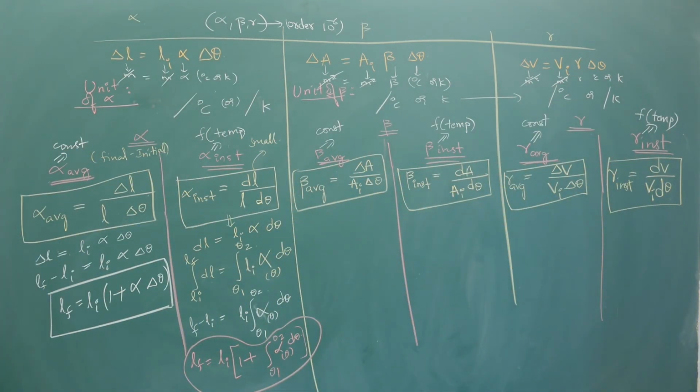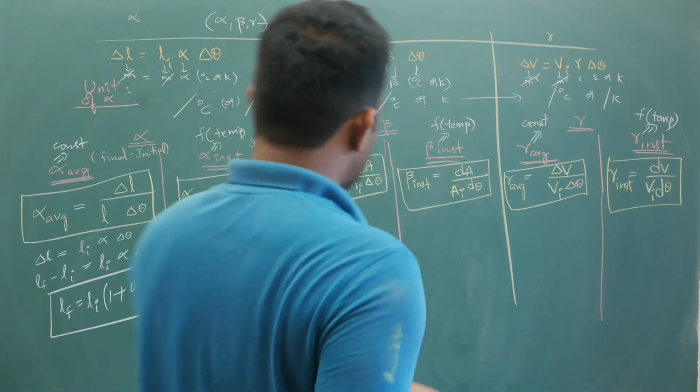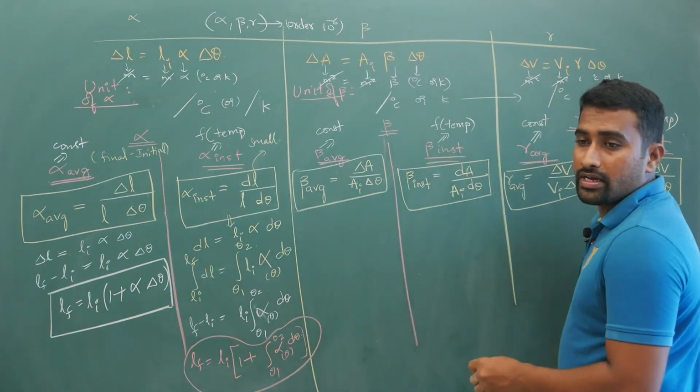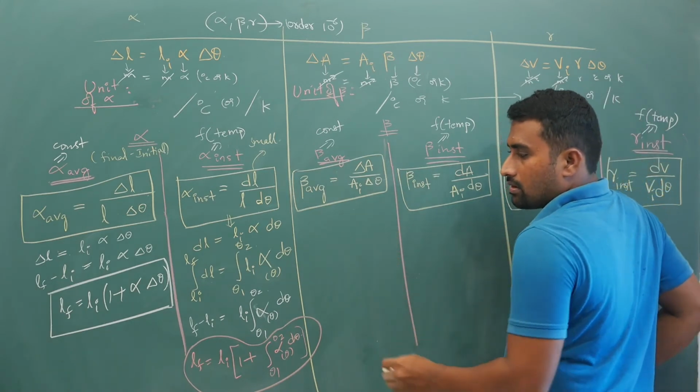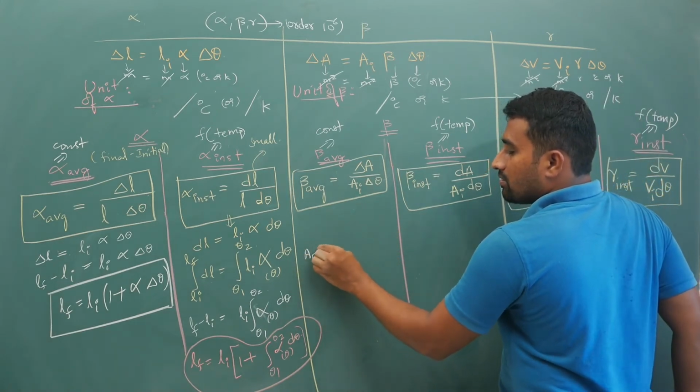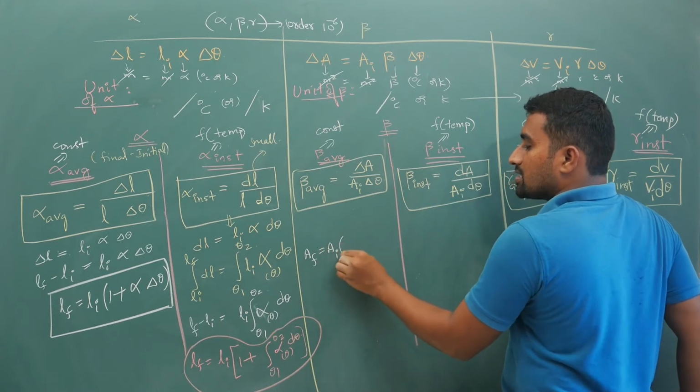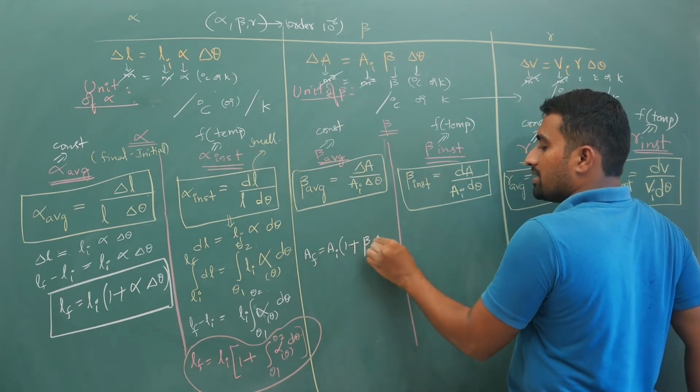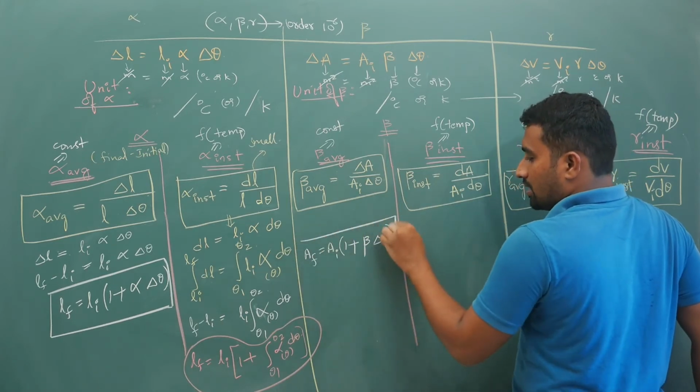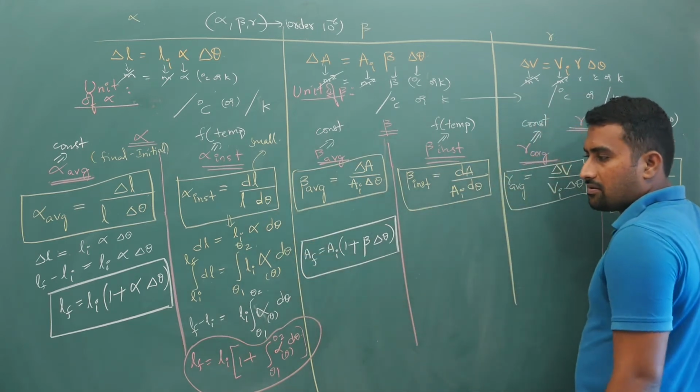Let me check whether it is visible in the camera or not. Yes, it is. Similarly, following the same logic for beta, your final area is initial area times (1 plus beta into delta theta). If nothing is mentioned, consider the average value.